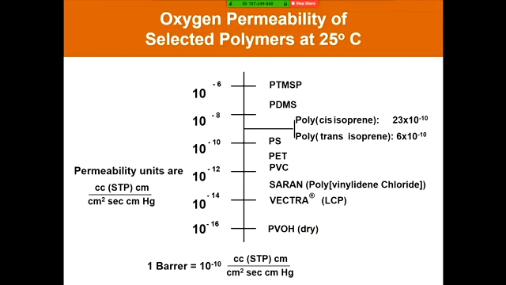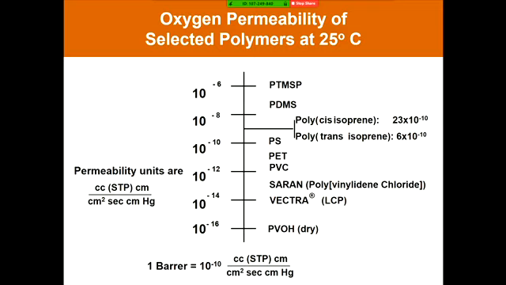There are very few physical properties of materials that vary over such a wide range simply by changing the chemical composition. The standard unit for permeability is the Barrer, named after Richard Barrer, who was a famous New Zealander who ultimately went to the United Kingdom and did quite a bit of research there in the 30s, 40s, and 50s.